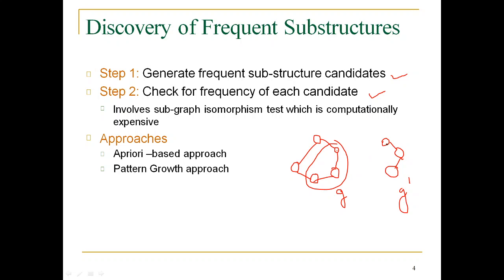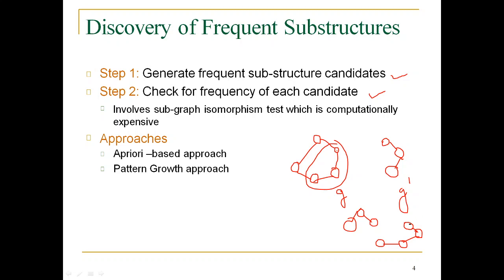Now this is the first graph. Now you may attain the graph in this manner, or in this manner. You need to check how frequently each candidate occurs based on the subgraphs.